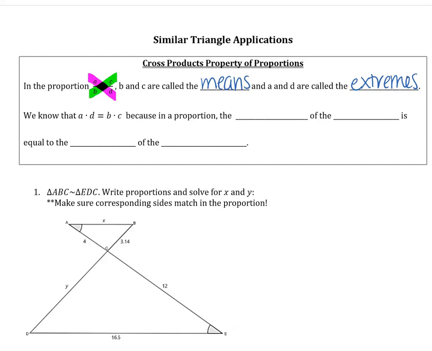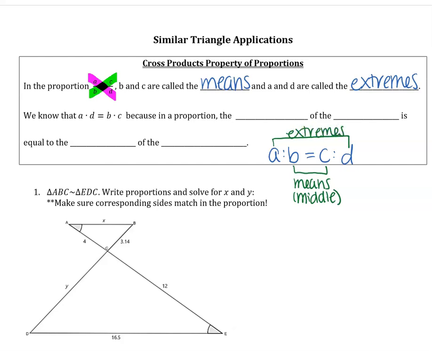That's because if you write the ratio like this, A is to B as C is to D, the means are the ones in the middle, and the extremes are the ones on the outside.